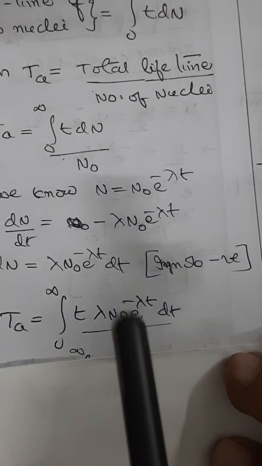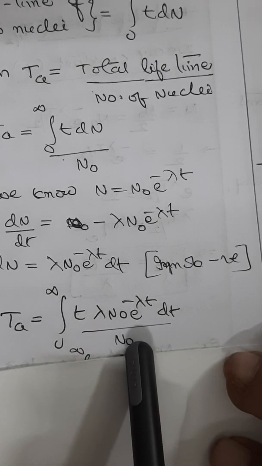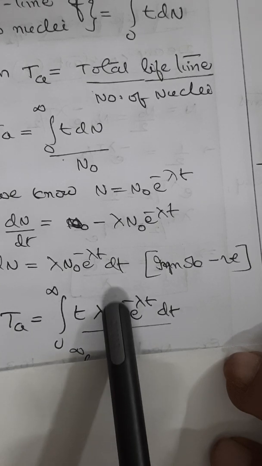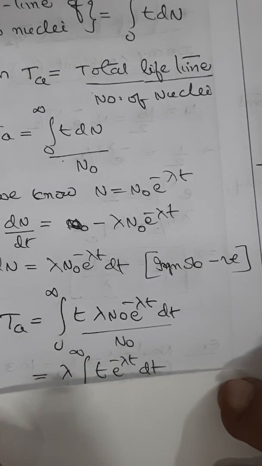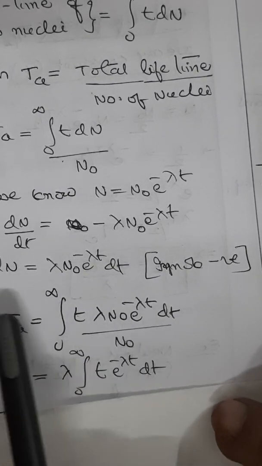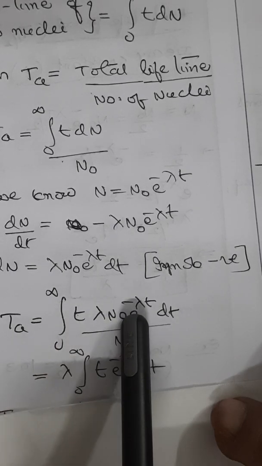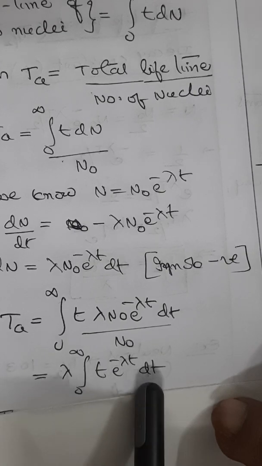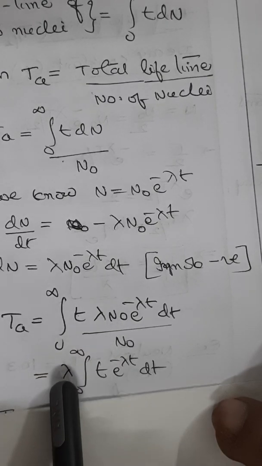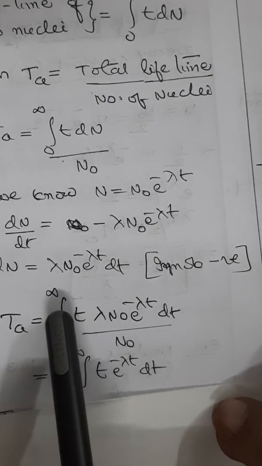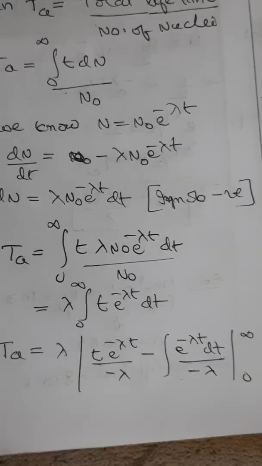Understood? You can strike off n naught from both the numerator and denominator, and bring lambda outside the integral operator. Then Ta equals lambda into integral 0 to infinity of t into e power minus lambda t dt.